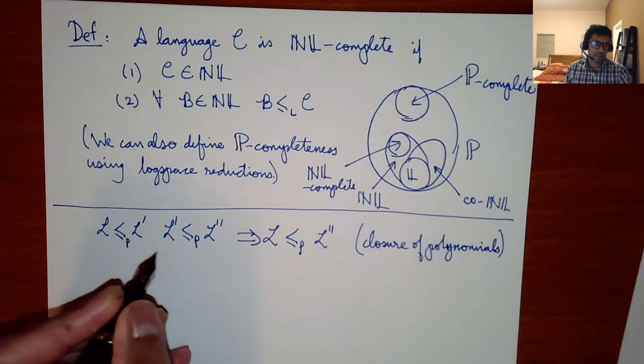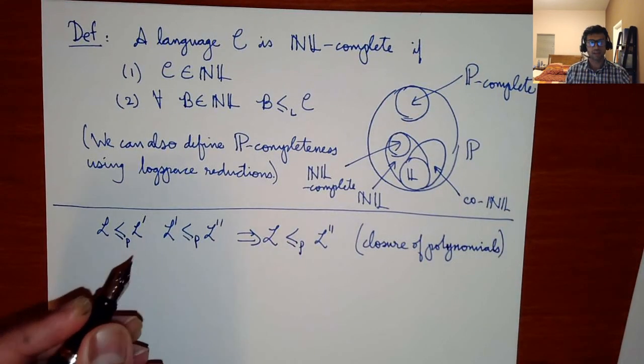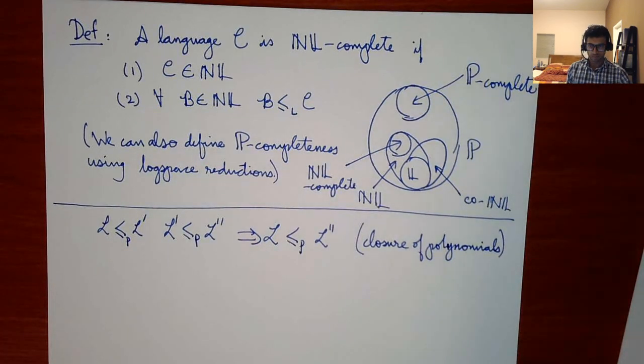And this is critical for any notion of completeness. Because the way that you prove NP completeness is, instead of going back to Cook-Levin, you start from a language that is already NP complete, and reduce that to your new language. And then you get that this new language is NP complete.